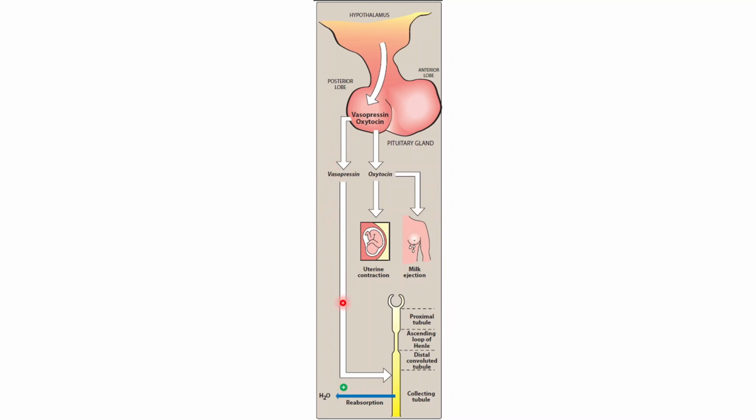Vasopressin actually regulates the reabsorption of water in the kidneys, stimulating the reabsorption that leads to an increase in blood pressure and edema. Vasopressin is chemically similar to oxytocin.